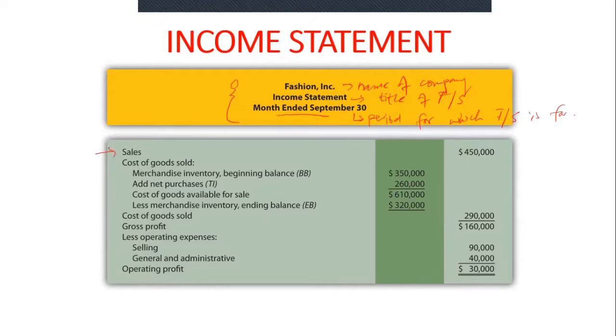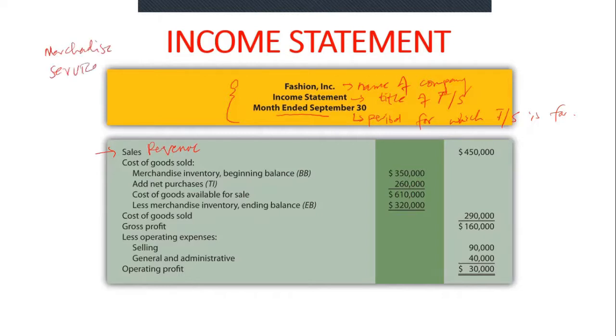The first line you would see is sales, which is also the revenue. This is the money that the business has generated by selling its goods and services. You can actually tell what kind of company this could be, either a merchandise or a service company. We have two types of companies here: merchandise or service companies.